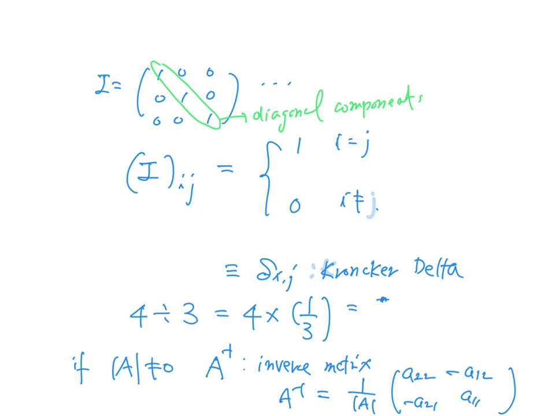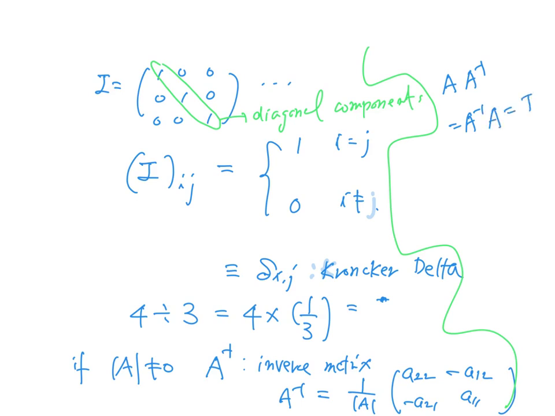Then A times A inverse, and A inverse times A, is the identity. The analogous way is the following: 4 times 1 over 4 is 1, right?